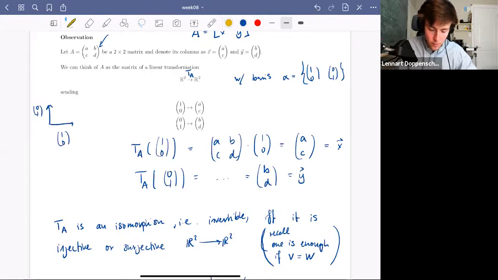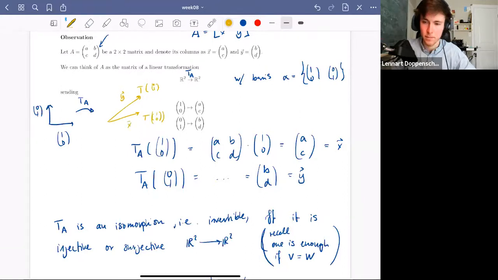And now, this is the transformation T sub A, and we see that this sends the first vector to X. So this is T of (1, 0), so this should be X, and this is T of (0, 1), so this should be Y.